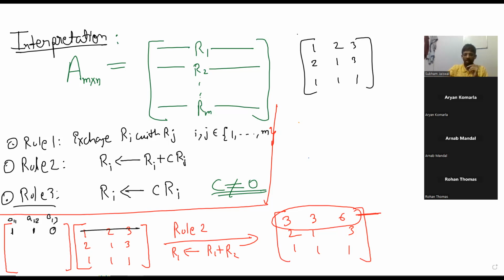A11 times R1, A12 times R2, A13 times R3, add them, get this. Nothing new. This is fundamental. Obviously, you can check it also, but the second row is what? It is 0 times this row, 1 times this row, 0 times this row. 0, 1, 0.